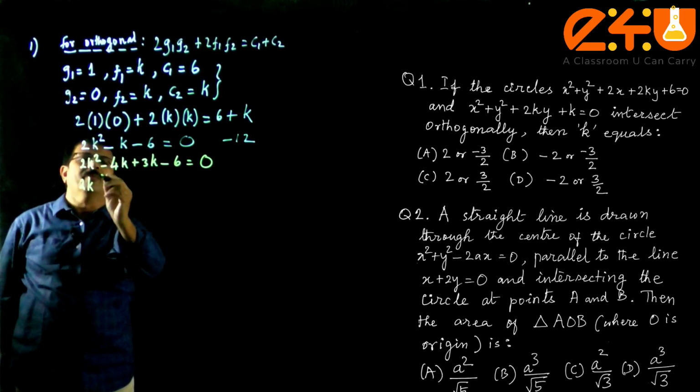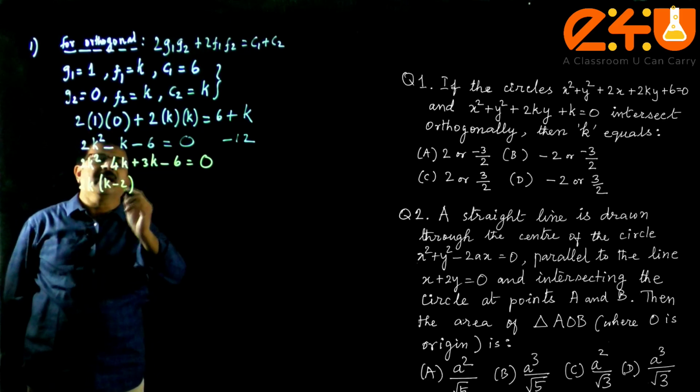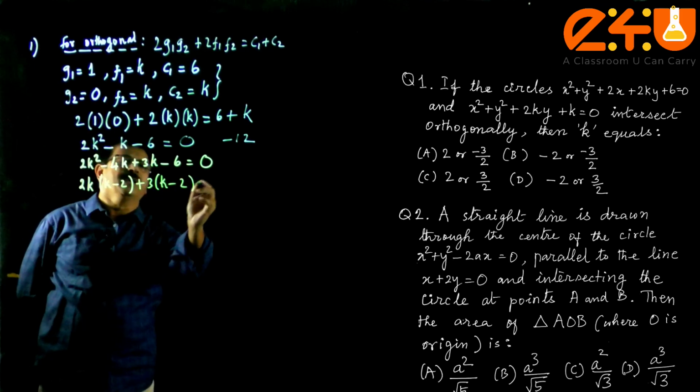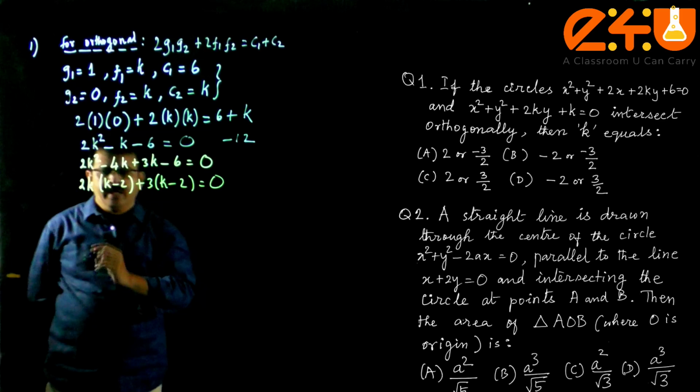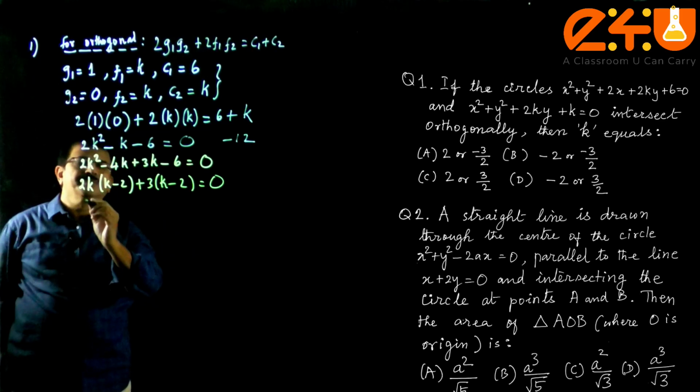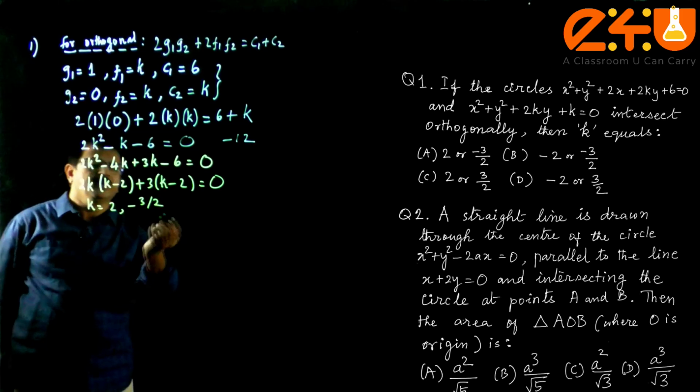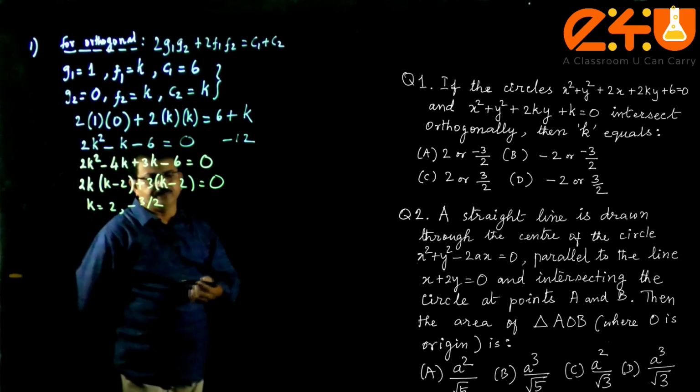Taking common factors out, I get 2k times k minus 2, plus 3 times k minus 2, equal 0, and that gives the answer either k is 2 or negative 3 by 2.